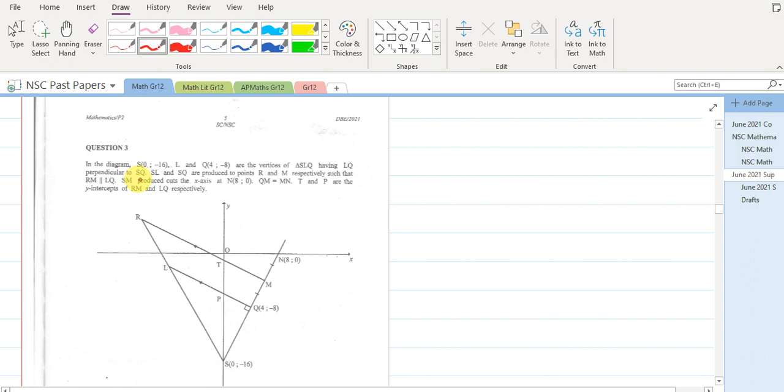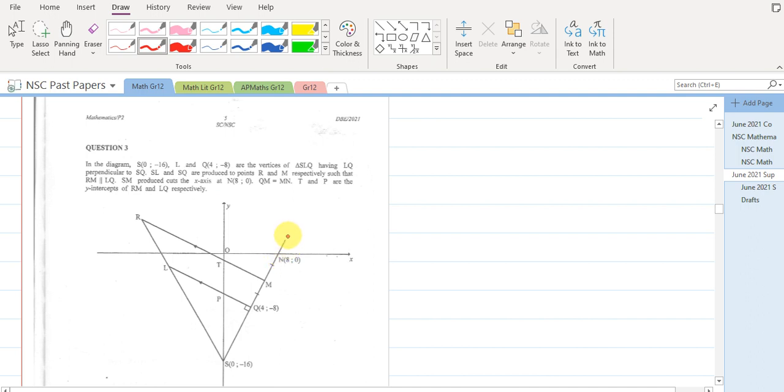Okay, we can see the 90 degrees. Everything is given. SL and SQ are produced to points R and M respectively, such that RM is parallel to LQ. SM is produced and cuts the x-axis at N, which is (8; 0).